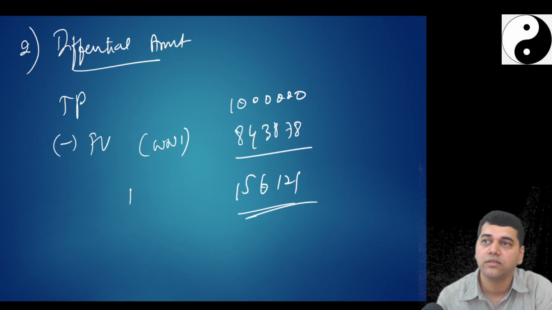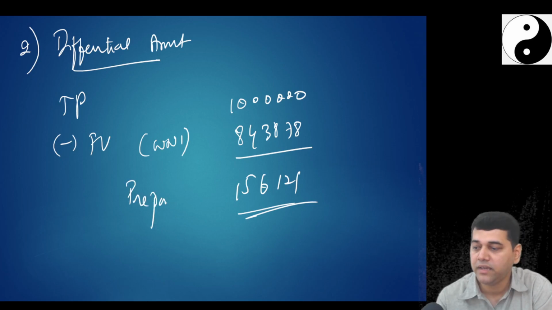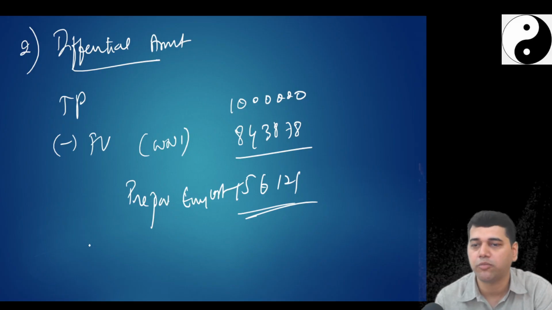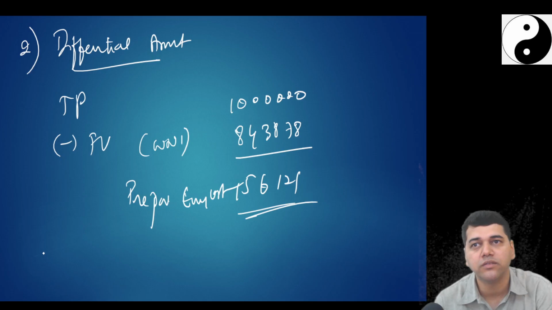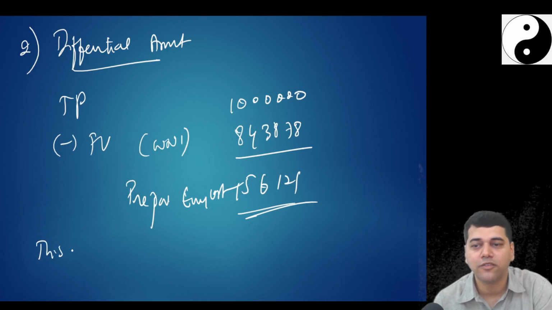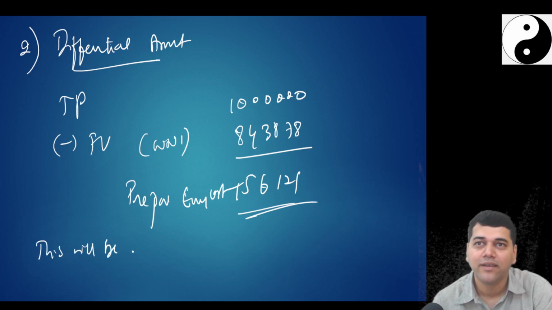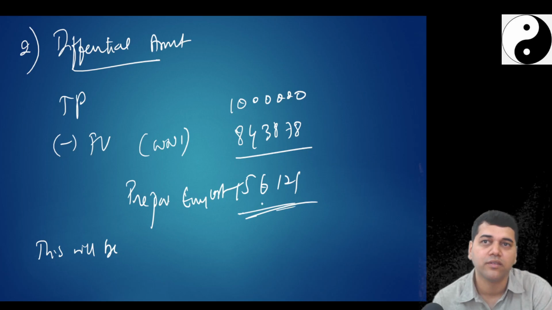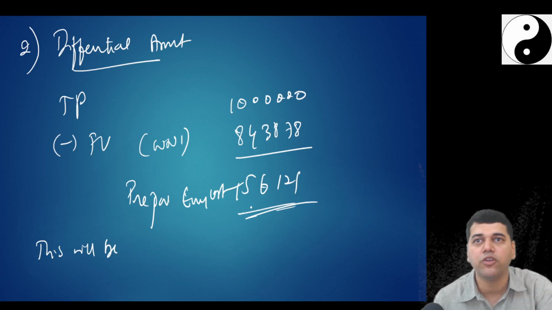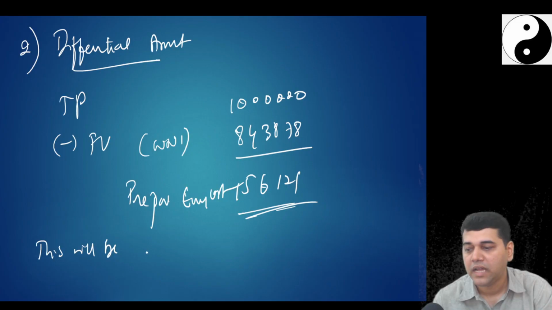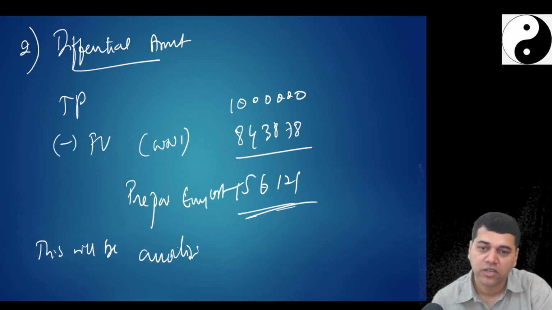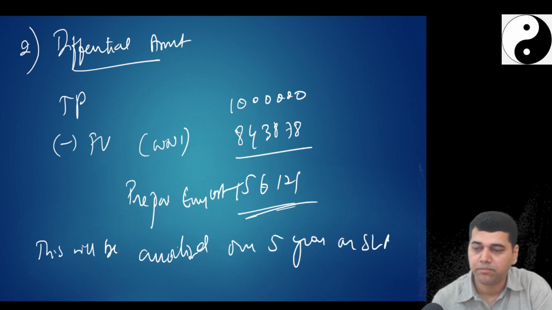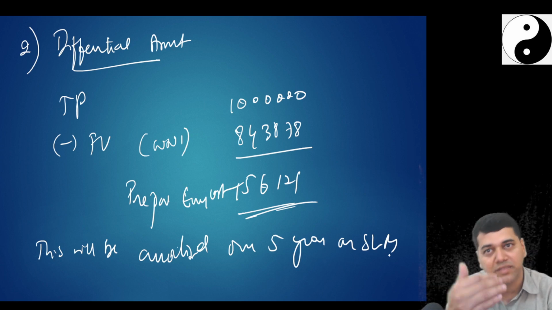What is it? Prepaid employee cost. We call it discount on employee loan. What is the accounting treatment I'm going to give to this? Right now it will go into the balance sheet, but going forward it will be amortized over 5 years on SLM, because 5 years is the time he is with my organization.